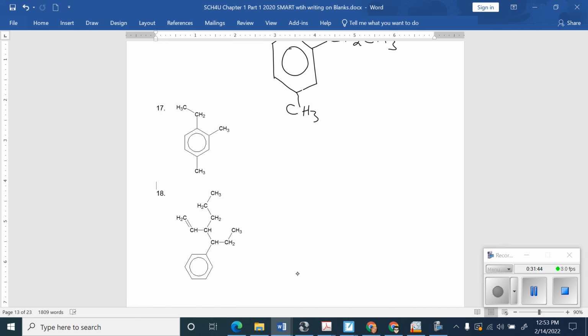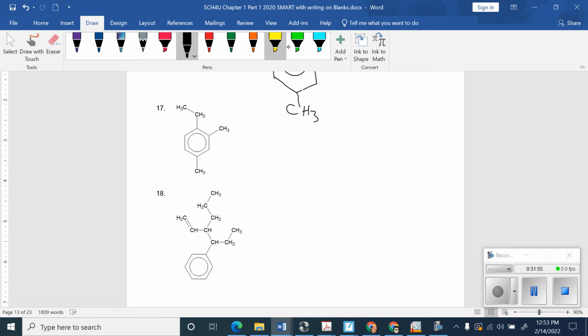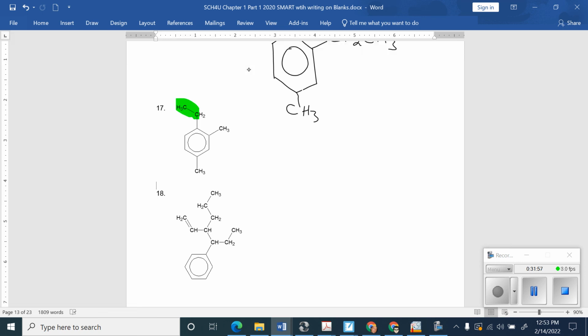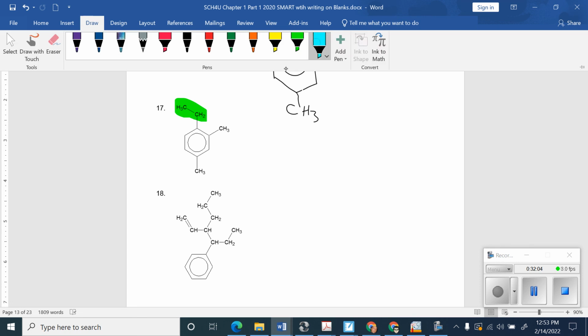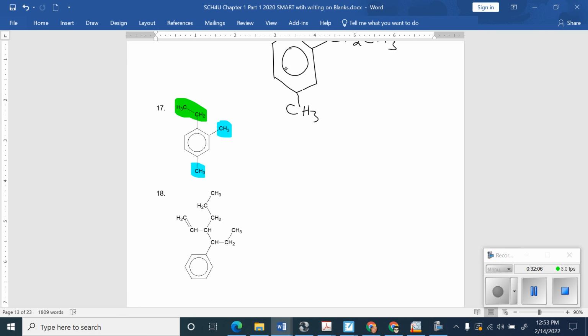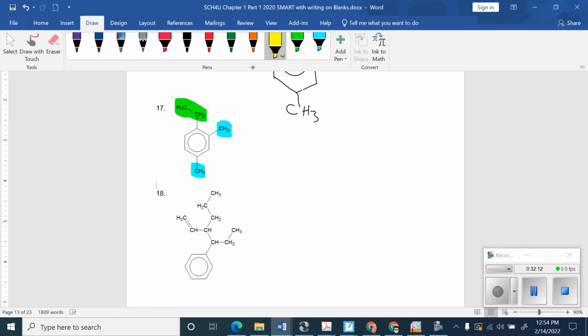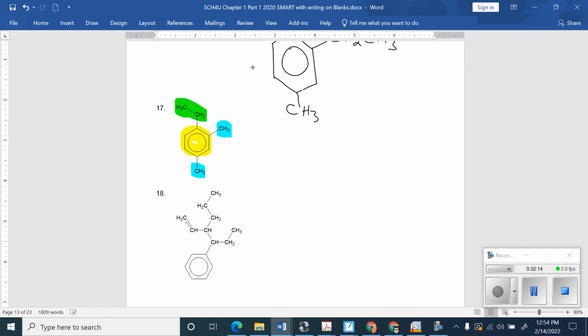So 17, again, we have our benzene ring, and we have 3 alkyl groups, right? Looks like there's an ethyl group, and then 2 methyl groups. And then we also have our parent chain here.